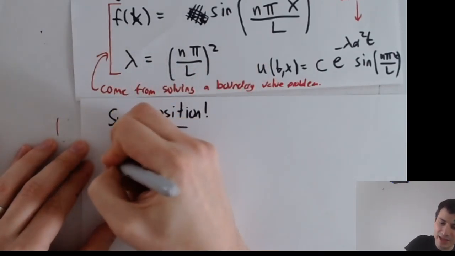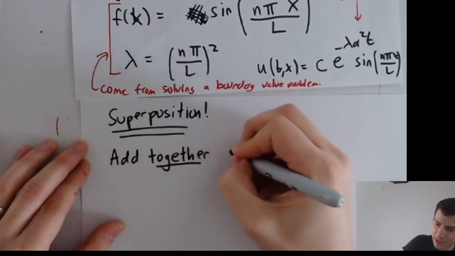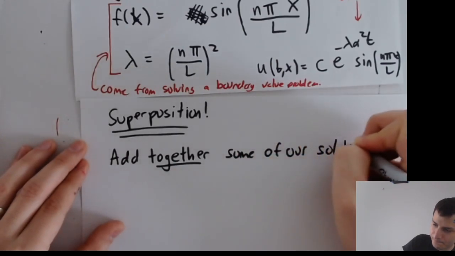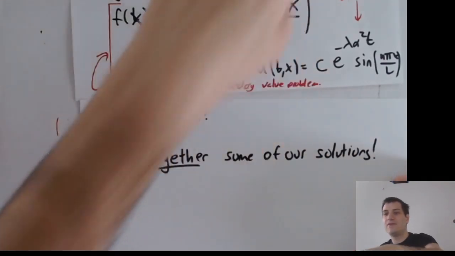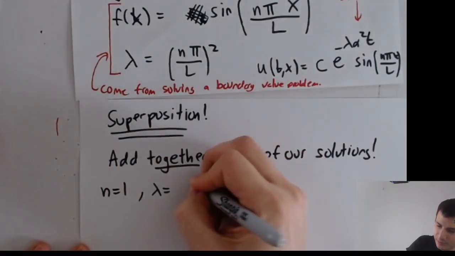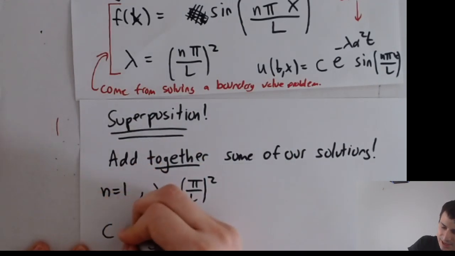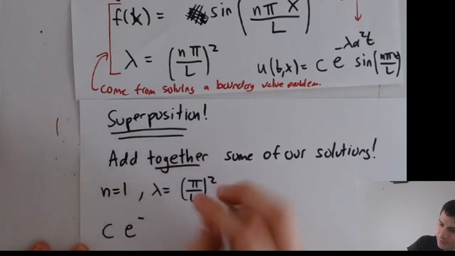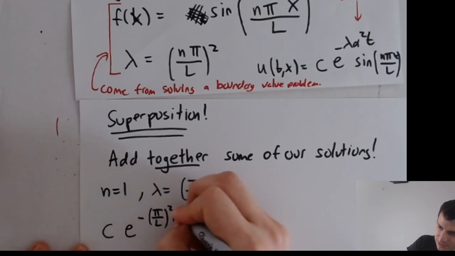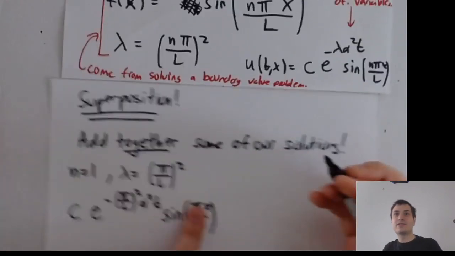And we're going to add together some of our solutions. As an example, if n equals 1, then lambda is equal to pi over L squared. So you get the solution c times e to the minus pi over L squared alpha squared t times the sine of pi x over L. That's one solution.